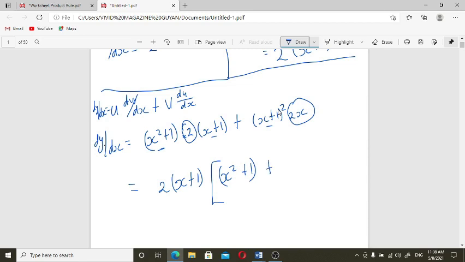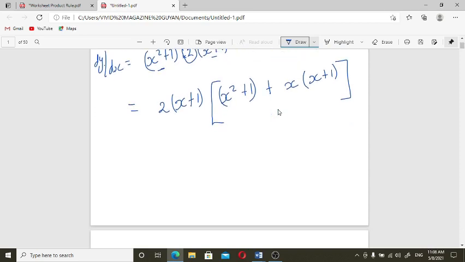Plus, remember, when I actually factor out 2, I'm left with x. So I'm going to put x there. And remember, I still have an x plus 1 left back there. So next line now, I have 2 bracket x plus 1, my square bracket. This is not multiplying anything, it's just what's inside. So I have x squared plus 1 plus this x times x and the same x times 1.